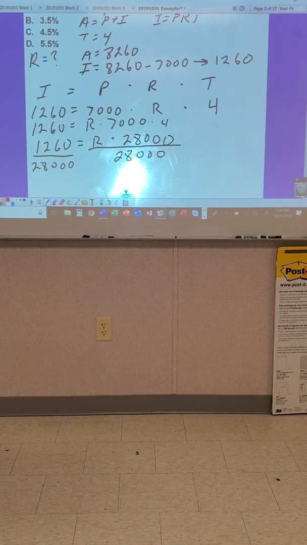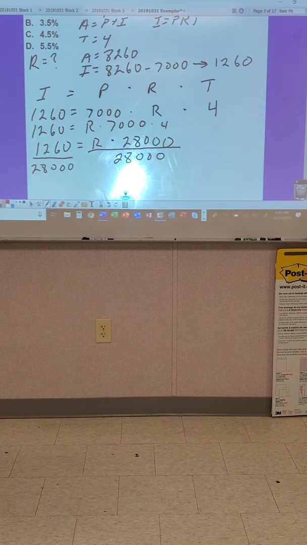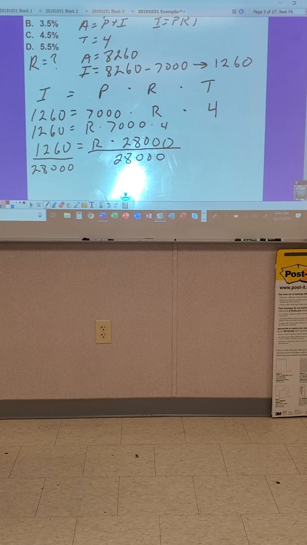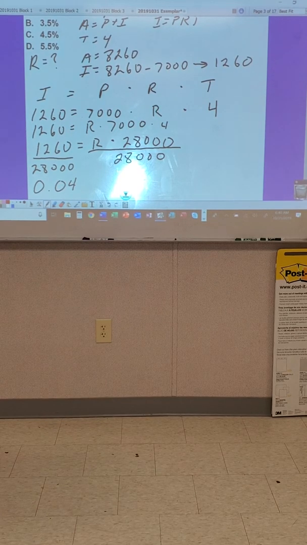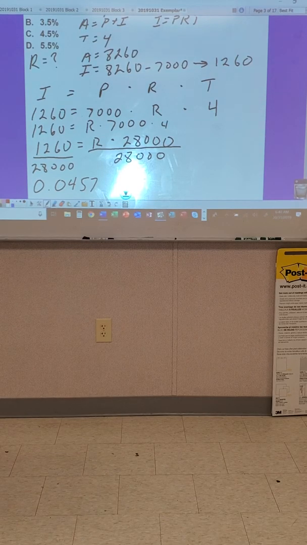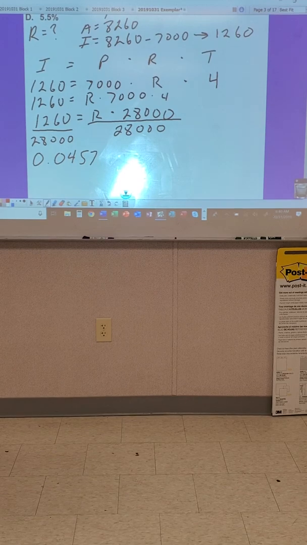If we take $1,260 and divide that by 28,000, we will get 0.0457 and some more digits, but that's enough for our purpose.